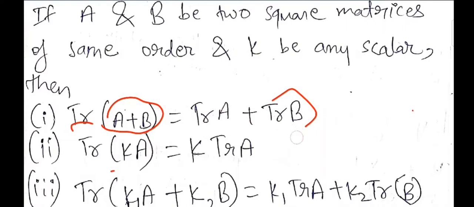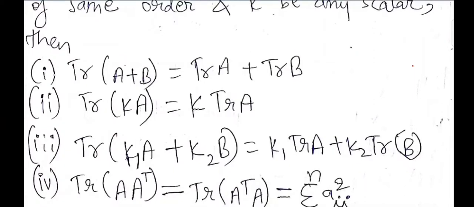Now the second property: we know that trace of kA is equal to k times trace A. That is, k has come out of the trace. That means k is a scalar which has come out.